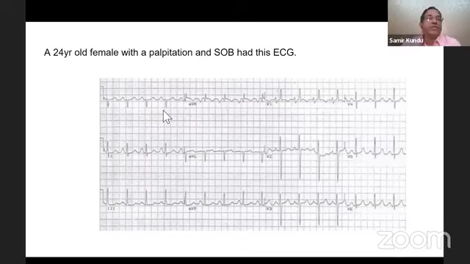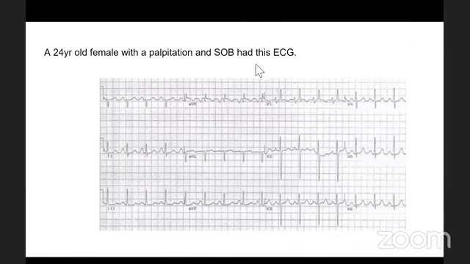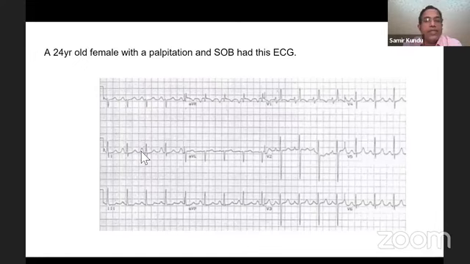This is a 24 year old female with palpitation and shortness of breath who had this ECG. There is right axis deviation, and the P wave is increased in amplitude and duration. In V1, the P wave is biphasic, with positive portion more than 1.5 millimeter and negative terminal force more than 1 millimeter depth and more than 40 millisecond duration.